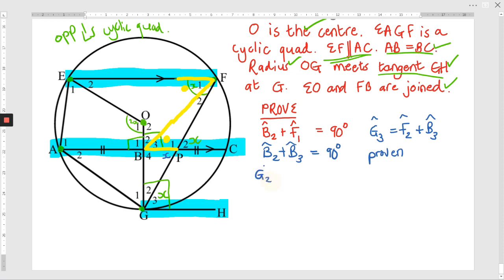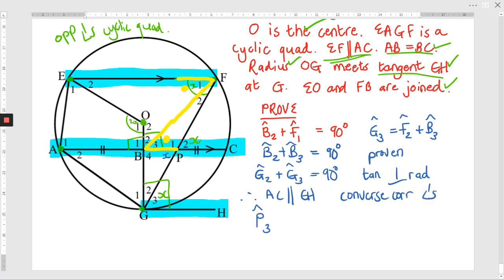Also, G2 plus G3 equals 90 degrees, and that's because of tan rad. Therefore, AC is parallel to GH. And my reason was converse corresponding angles.